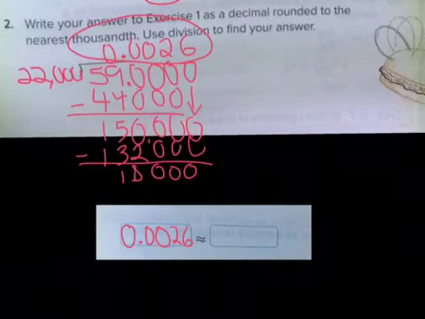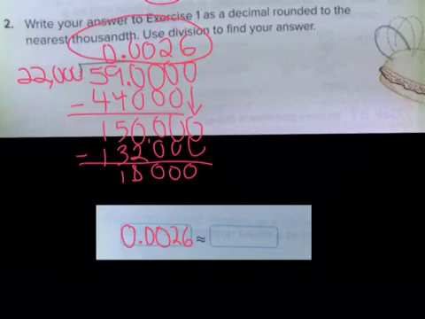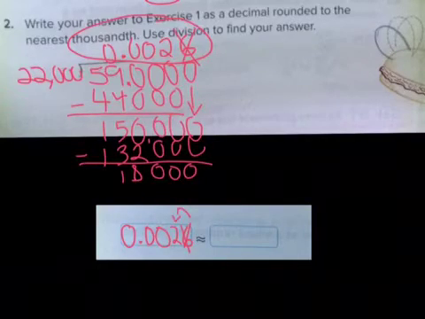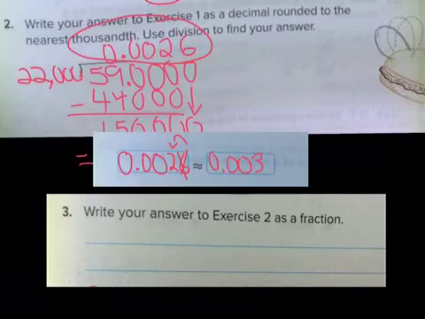If I want to round to the thousandths, this 6 is going to change the 2, because it's greater than 5. So it'll be 0.003.